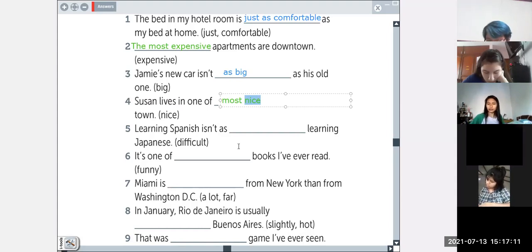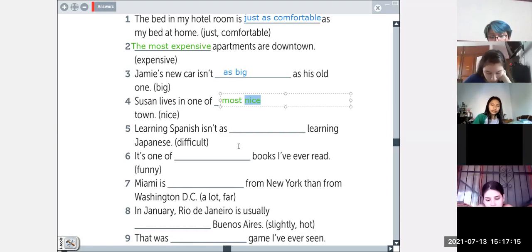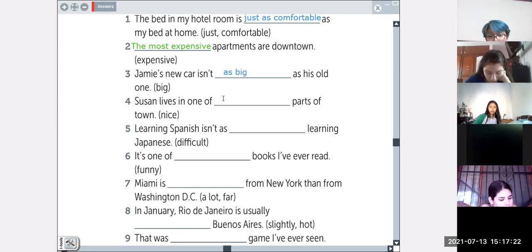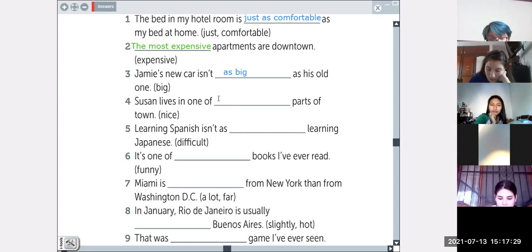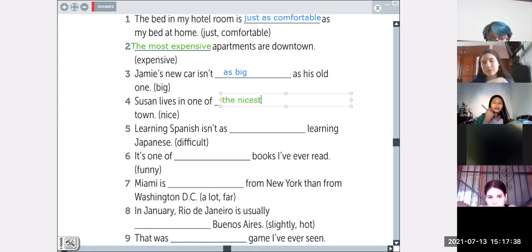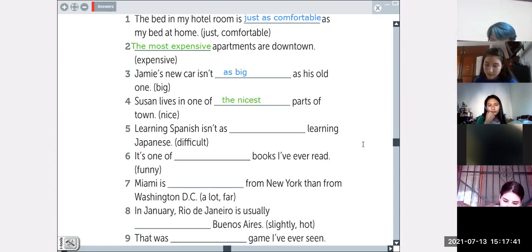One. Entonces, ¿cómo transformamos los que tienen una sílaba para que sea el superlativo? Nicest. Ok. Y no se olvide del de, que siempre debe ponerlo para los superlativos. Ok. Entonces, ¿cómo sería? Susan lives in one of the nicest part of town. Very good. The nicest part of town. Let's go to the next one, please.